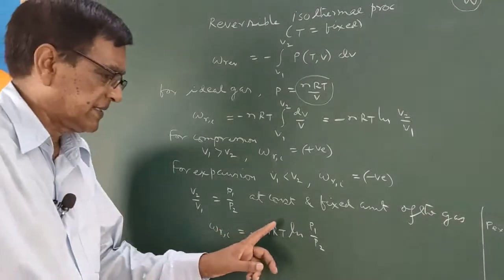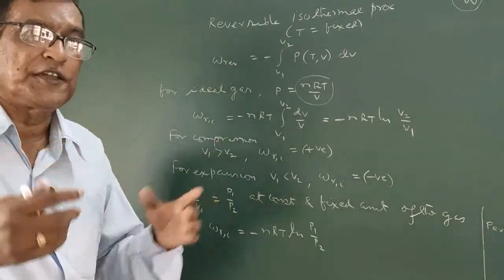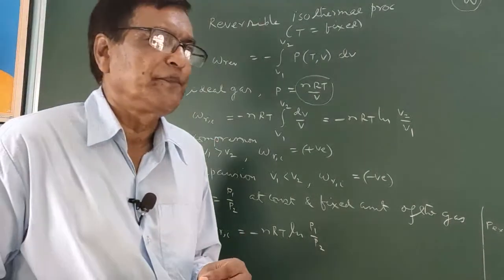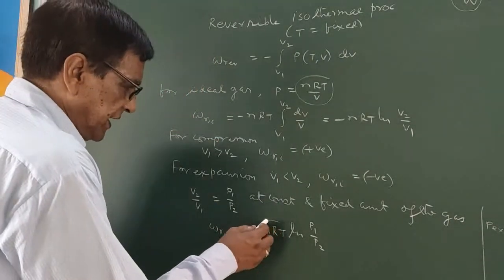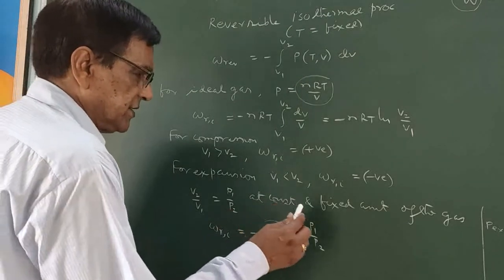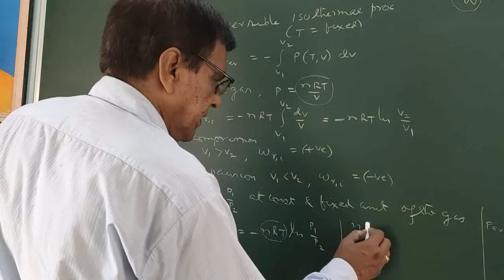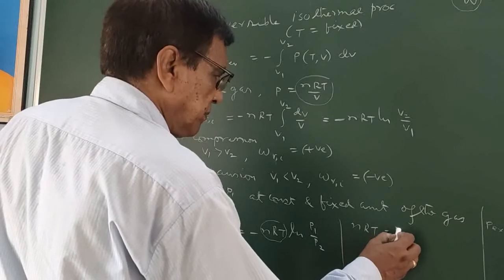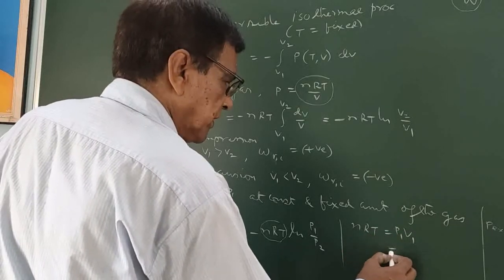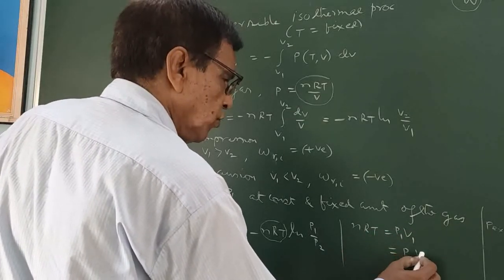If the temperature is not given in a problem, then instead of nRT we can write P1 V1, or P2 V2.